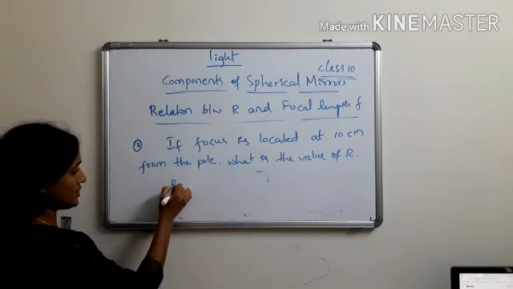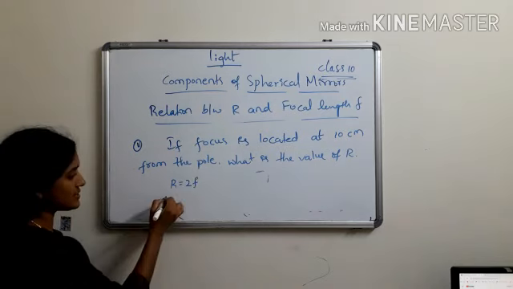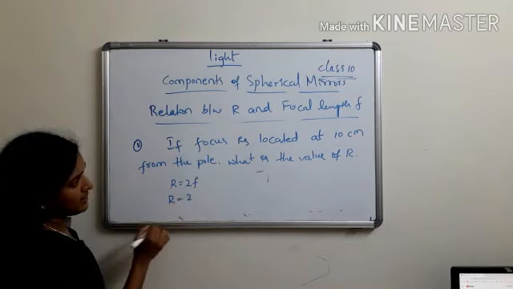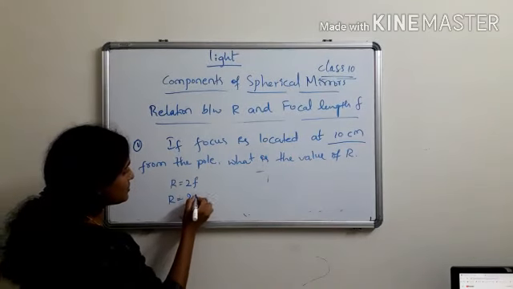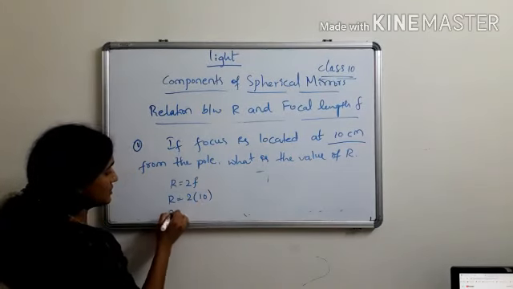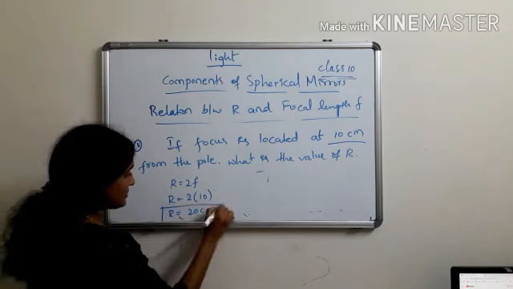You know the relationship between R and f: R is equal to 2 times the focal length. It is very simple. The focal length given is 10 centimeter from the pole. So the radius of curvature is 20 centimeter. That's it.